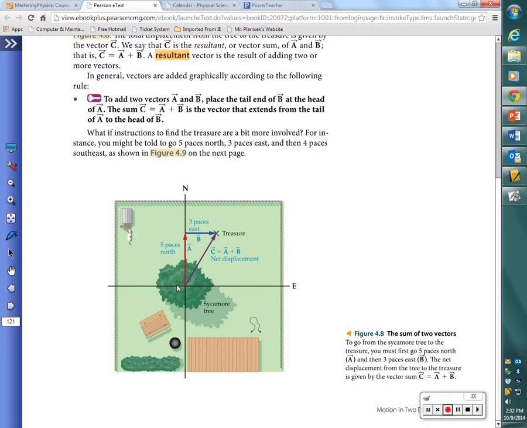If the two vectors that we are adding just so happen to be perpendicular to each other, like these two, we can determine the magnitude of that vector by doing what? Pythagorean theorem, right? And then we could figure out the direction that the resultant vector is pointing using what?